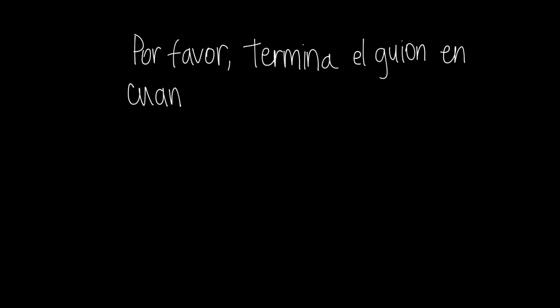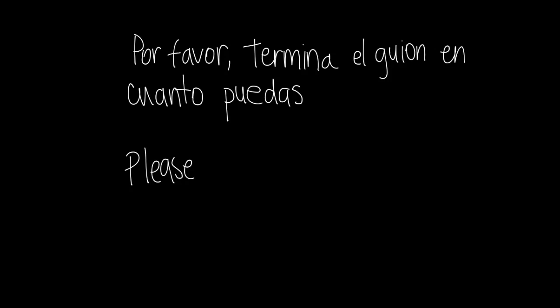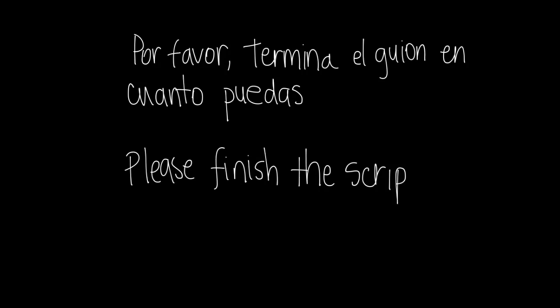Let's take a look at a second example. Por favor, termina el guión en cuanto puedas. And by the way, the word guión needs an accent on the O. So the equivalent in English will be, please finish the script as soon as you can.